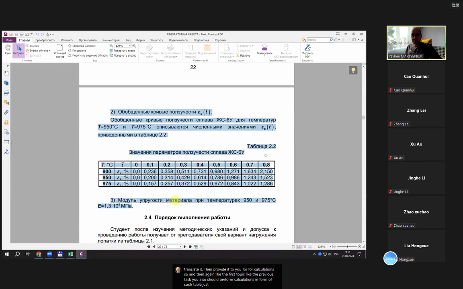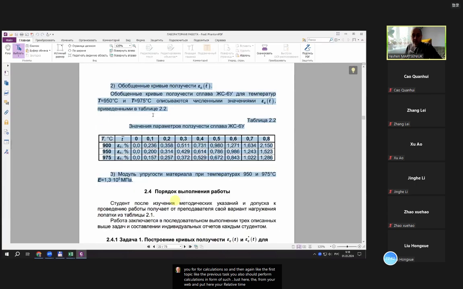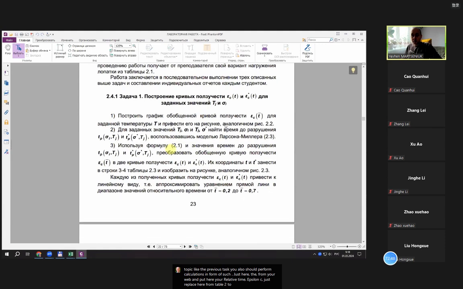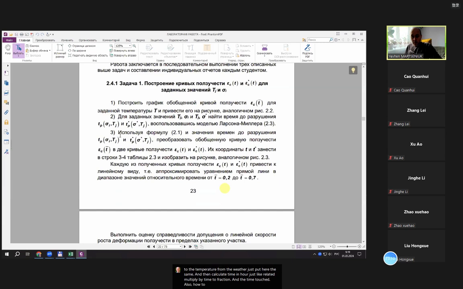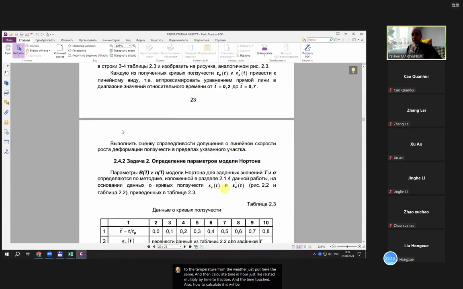Just put here from your variant your relative time, epsilon c, replacing from table 2 to epsilon c. According to the temperature from the variant, just put here the same values. And then calculate time in hours, relative time multiplied by time to fracture. How to calculate time to fracture will also be explained here.